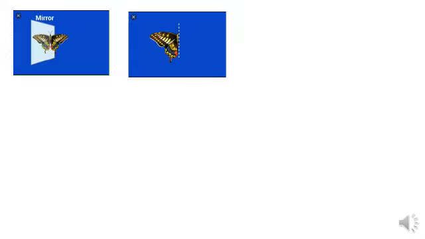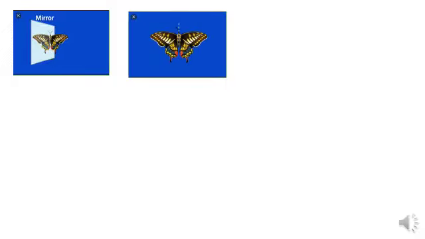Yes. Now let us understand what a line of symmetry is. A line of symmetry is the line which divides the figure into two equal halves. So for the same picture, that is the butterfly, just look at the line of symmetry.